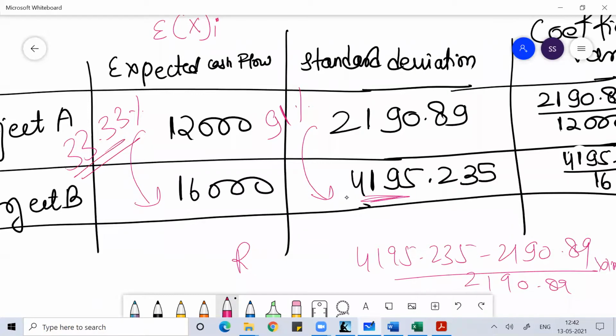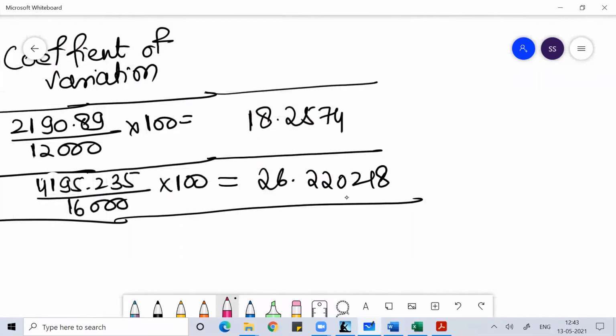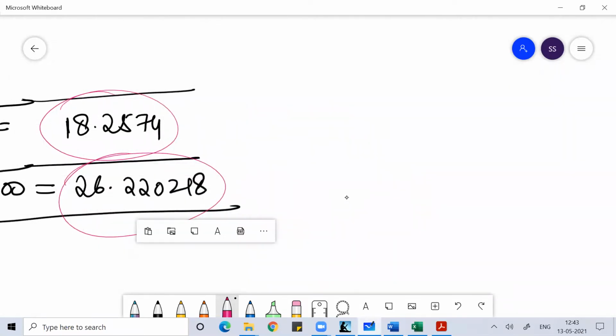So you can use your judgment: to get 33.33% more cash flow, you have to take 91% more risk. Definitely, you will not consider that scenario. The coefficient of variation of project B is more than project A. Whichever project gives you the lesser coefficient of variation, you should prefer.